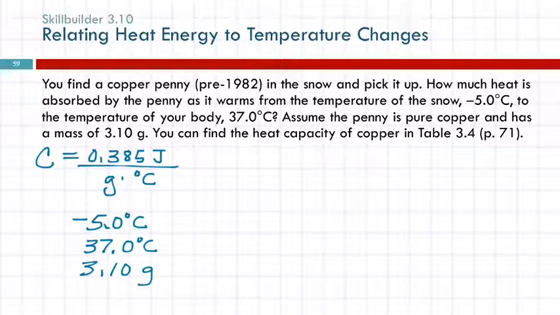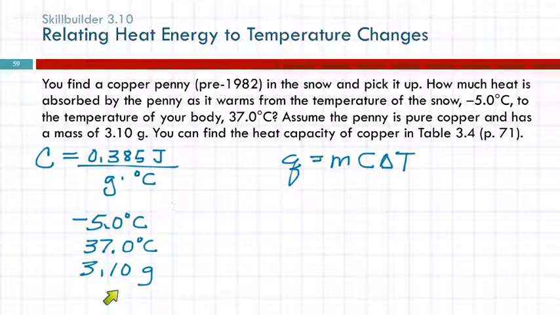So this is a problem that has an equation, right? Q equals mc delta T. So we should identify what these numbers are in terms of the variables in this equation. Well, this one, 3.10 grams, that's the mass, right? So that's M. There are two temperatures.